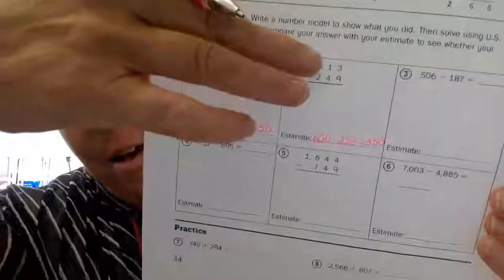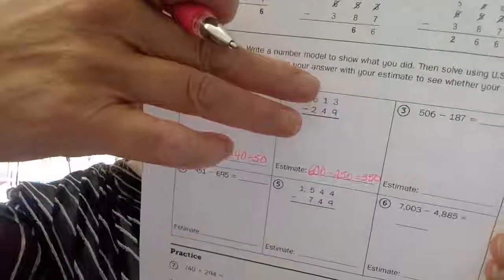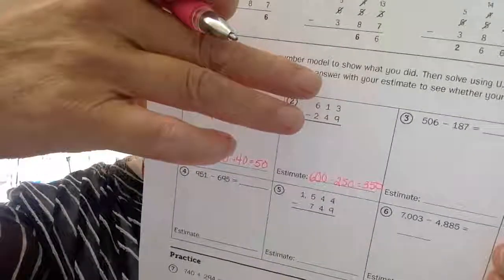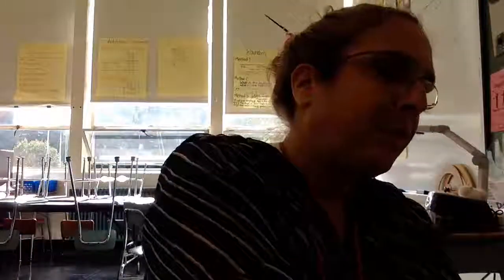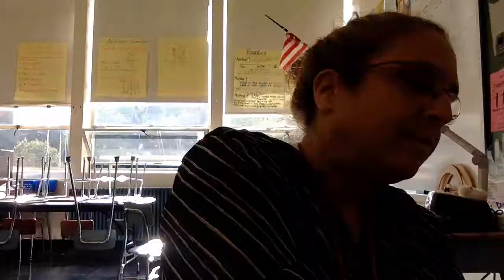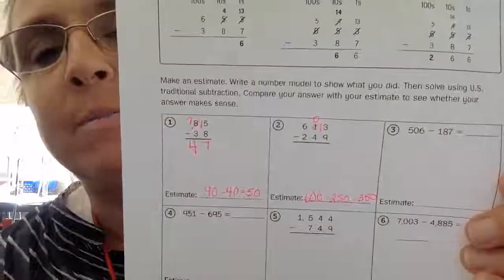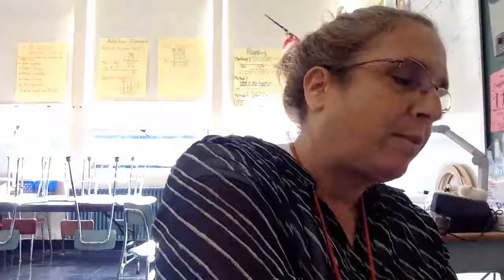Okay, so now, starting with the ones, well, I can't take 9 ones away from 3 ones, so I need to borrow 10 from the tens place. And then I can do 13 minus 9. 13 minus 9 is 4.